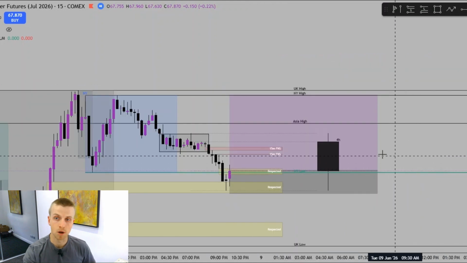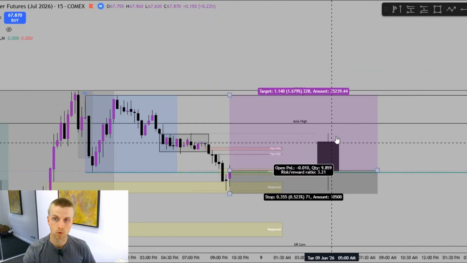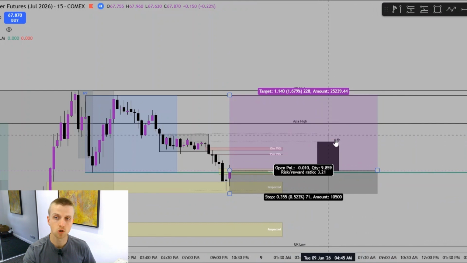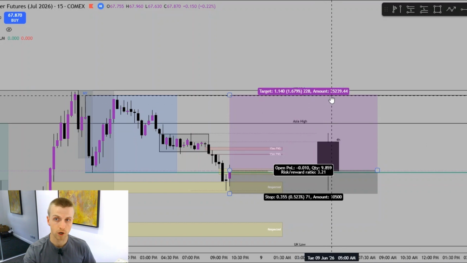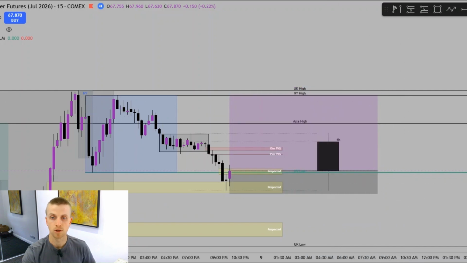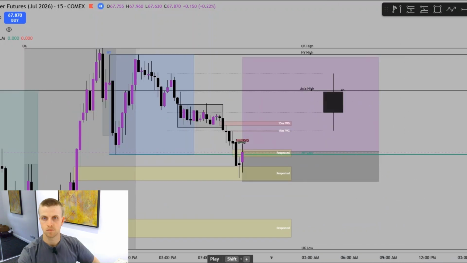Another thing to keep in mind, we know that the 4-hour candle doesn't have a large top wick and would be anticipating this 4-hour candle to be making its expansion up, creating the top section of the 4-hour candle. Now let's see how price develops.